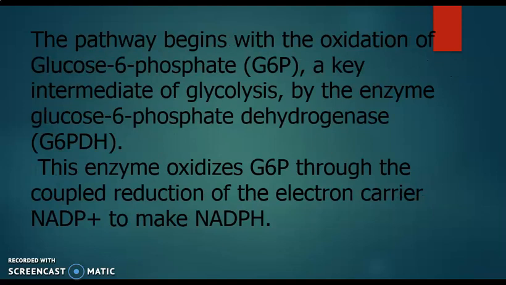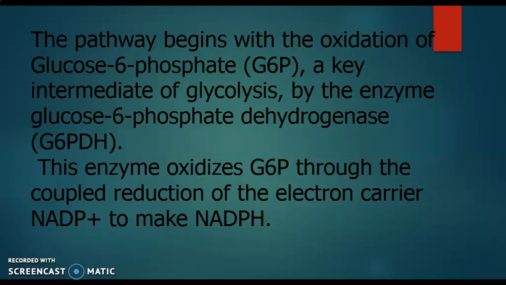Now next, the pathway begins with the oxidation of glucose 6-phosphate, which is a key intermediate of glycolysis. First of all, in glycolysis, glucose can be converted to glucose 6-phosphate. Here also, the pathway begins with the glycolysis intermediate glucose 6-phosphate, with the help of the enzyme glucose 6-phosphate dehydrogenase, that is G6PDH.